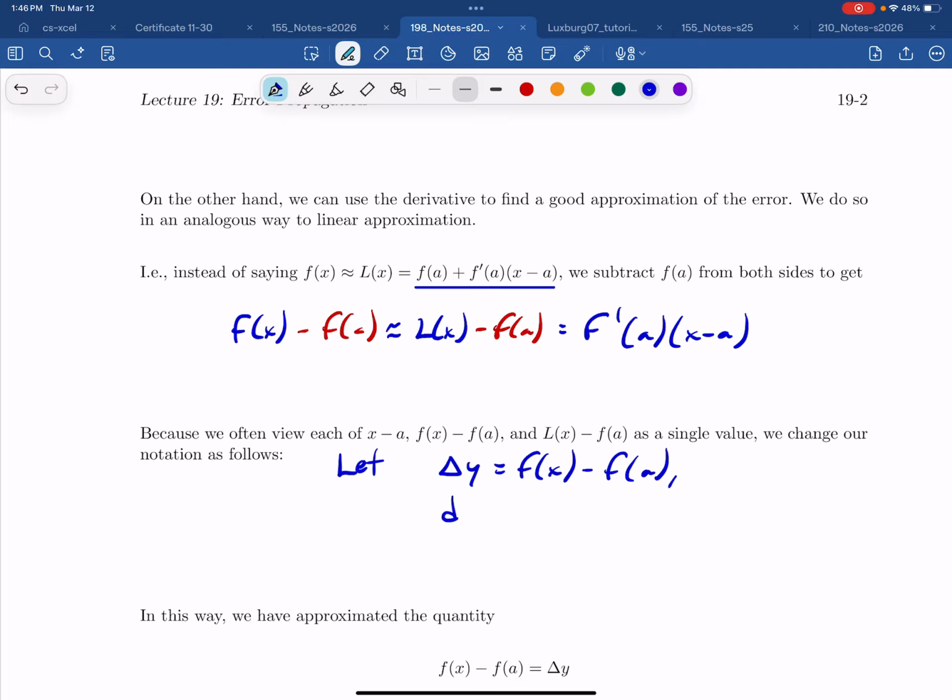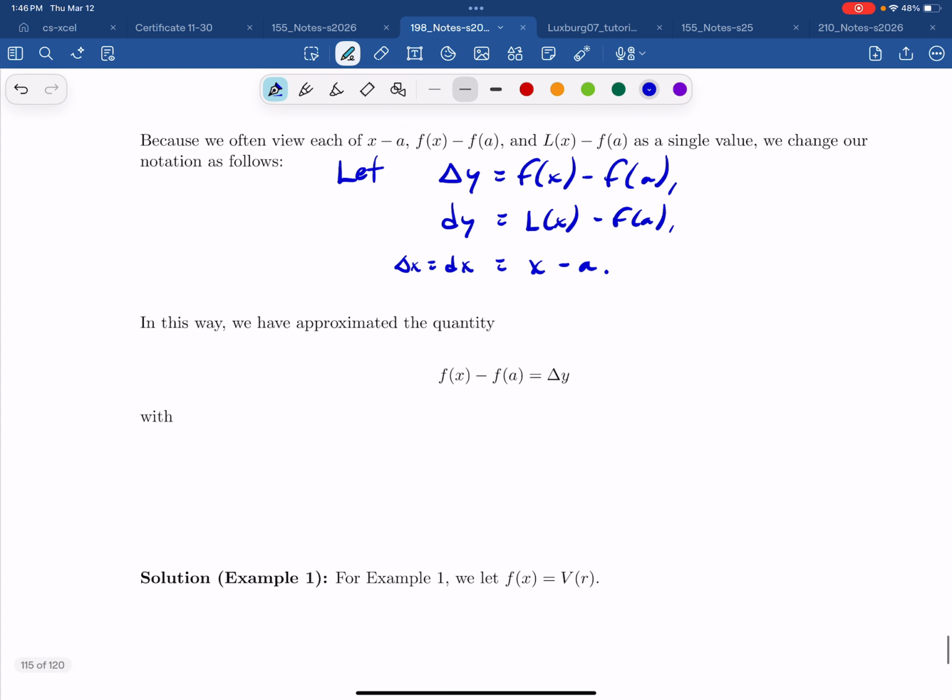Let dy equal L of x minus f of a. And let delta x, or dx, you'll see why we use both in a sec, equal x minus a.